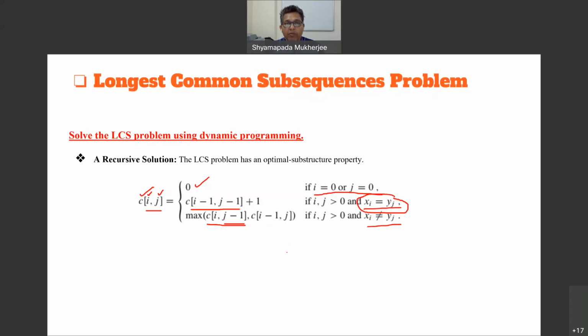Both these subproblems we have to explore, and whichever is the longest we take.